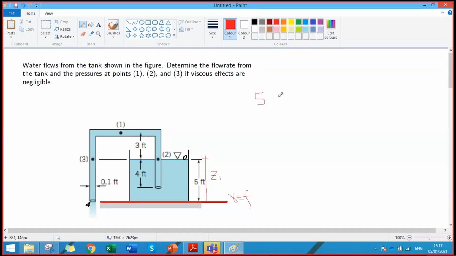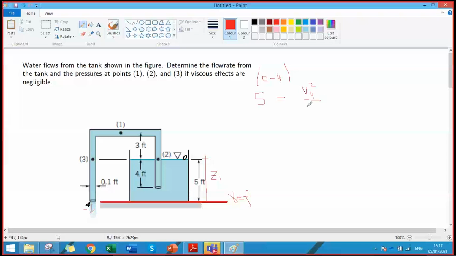At point 4, P will be 0, because it is discharging into the atmosphere, right? V4 square by 2g, right? And Z will be 0 again, because it is at the reference line, so we don't need to write that.